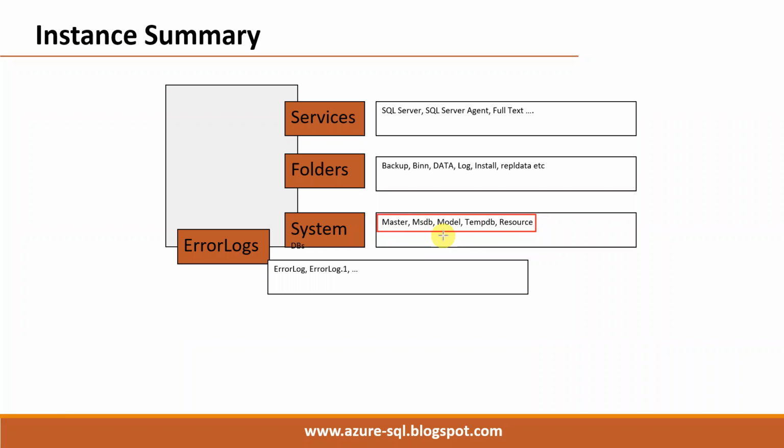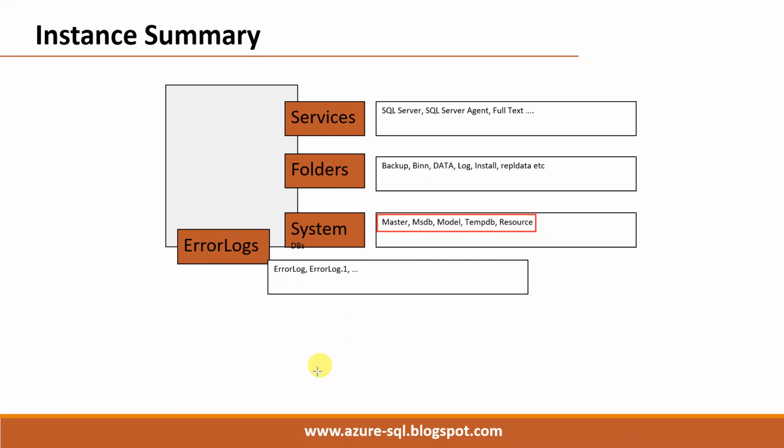In the same way, in MySQL also we have some system databases, 4 system databases, but here we have 5 system databases where the metadata is maintained. Just one point we'll see now. Later we'll see in module 3 in detail.